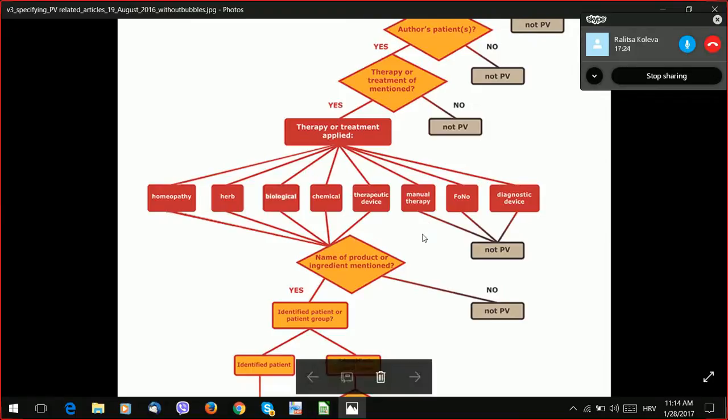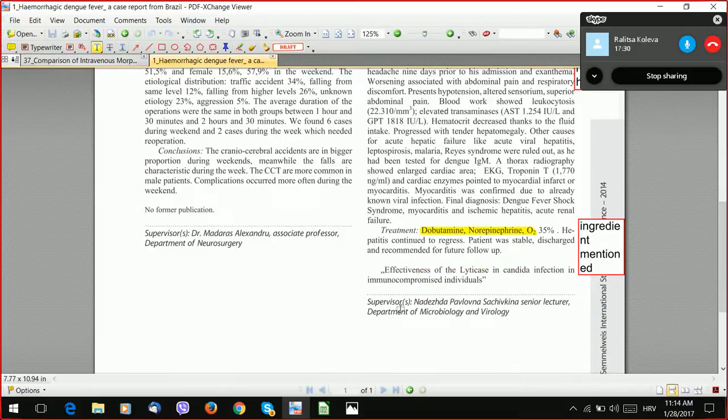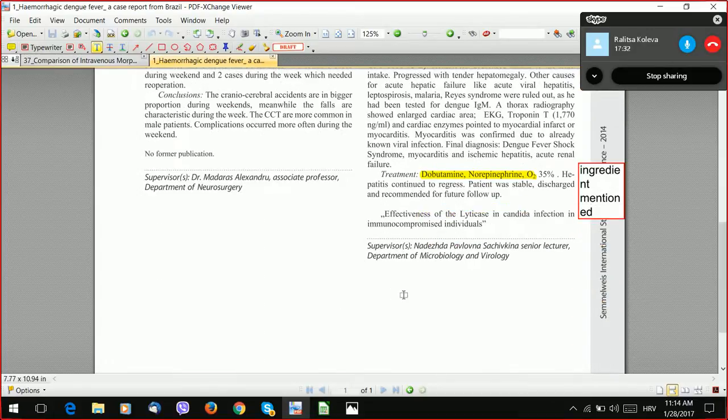So let's see our example. It was quite easy to find the treatment. In the passage on treatment, we have 3 substances mentioned: dobutamine, norepinephrine, oxygen.